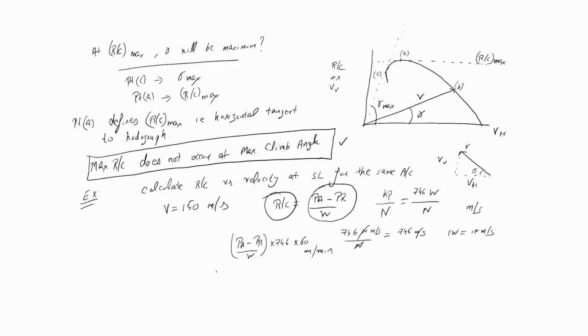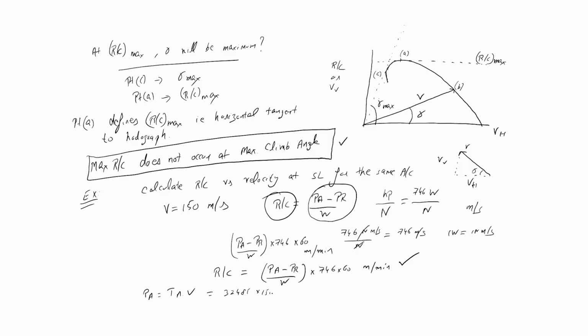Finally, rate of climb equals power available minus power required, divided by W, multiplied by 746 and multiplied by 60, and you will get meters per minute. Now we considered 150 meters per second, right? So power available was thrust available times velocity, and how much was the thrust available?